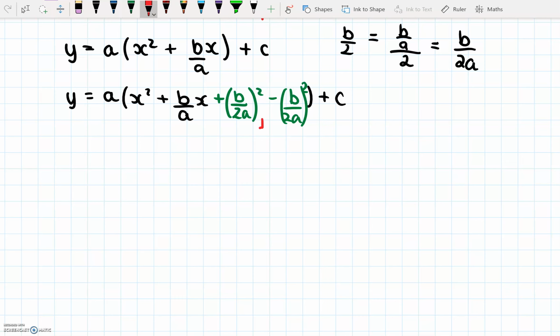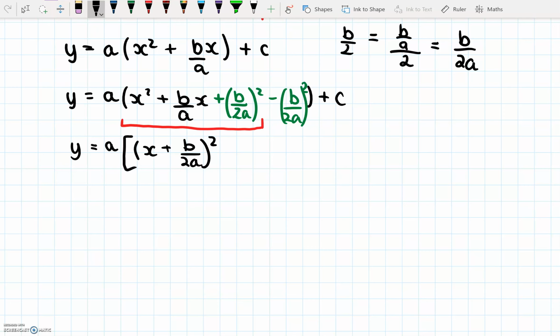This part here is now becoming a nice square. So we have y equals a. Now we're going to have to use two sets of brackets here because we have something extra going on, so I'm going to use these big square brackets. In the first bracket we have our square, that's x plus b over 2a squared.